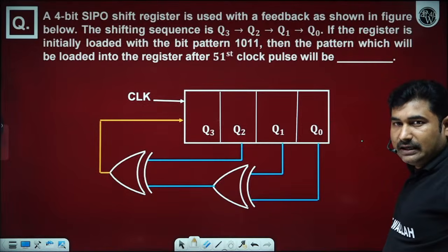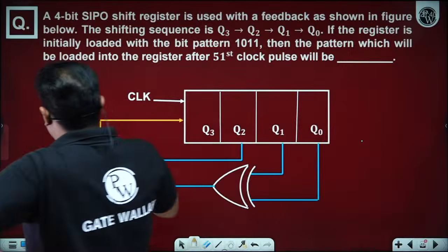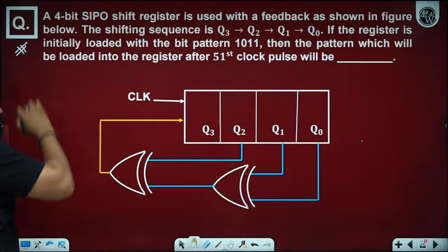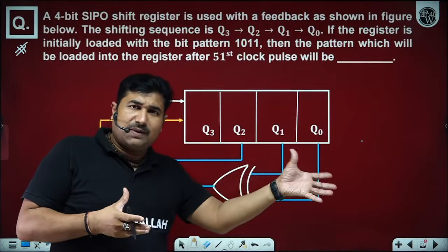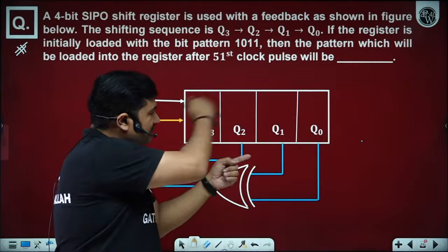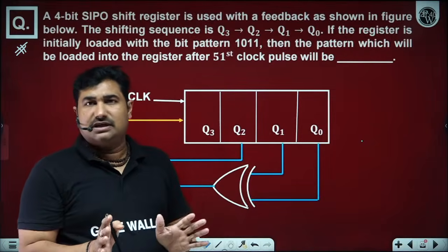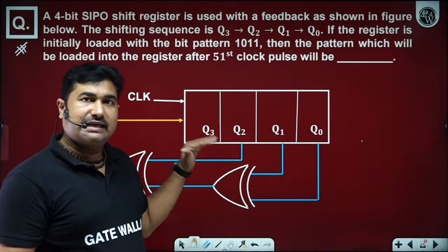Now please observe this question. In this question, we have a register. Instead of drawing 4 D flip-flops or 4 JK flip-flops with all the outputs connected, they have just shown 4 boxes. So now we know the internal circuitry. This internal circuitry is SIPO.